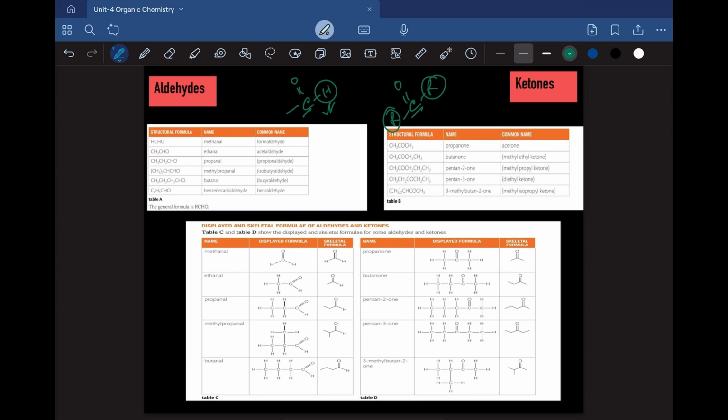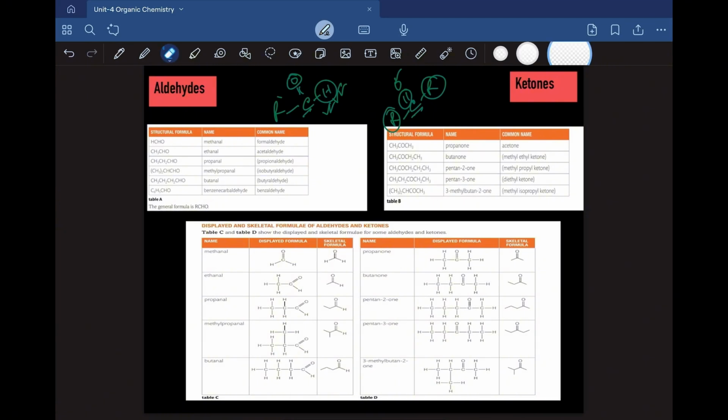The carbon atom in the aldehyde which is double bonded with oxygen can be attached with only one hydrogen, whereas in ketone, the carbon atom which is double bonded with the oxygen cannot be attached with any hydrogen.